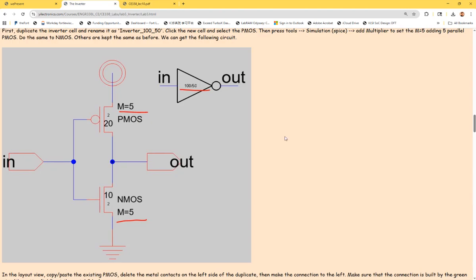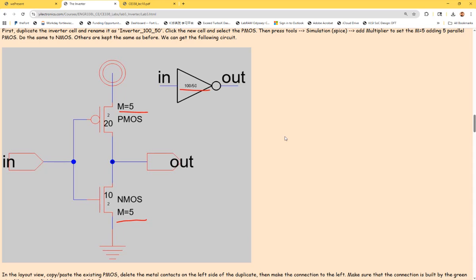The way we do that here, definitely you can draw a lot of them and make them in parallel. But Electric VLSI gives an option to make it a little easier, called a multiplier. So M equals 5 means there will be 5 in parallel with this one, and the gates are shorted together. Even though it looks like just one, what is the actual width of this PMOS device?